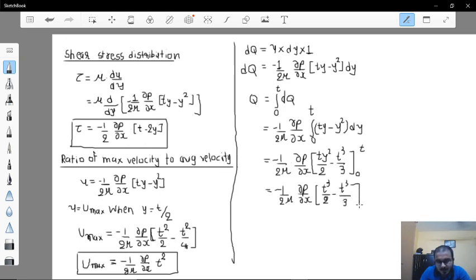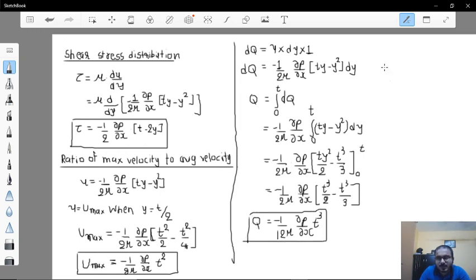So here we will be getting equal to minus 1 upon 12 mu del p over del x into t cube. So here we have obtained the value of discharge.